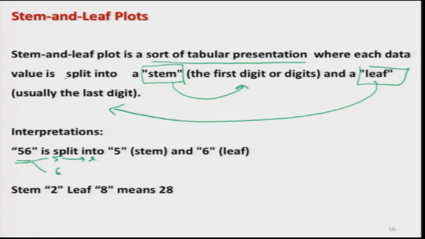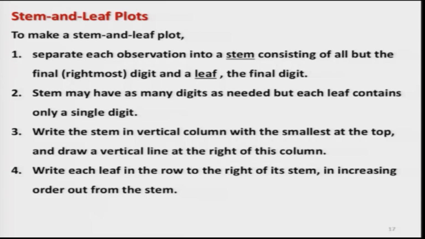This 5 is called the stem and this 6 is called the leaf. Similarly, if I say I have a number whose stem is 2 and leaf is 8, this means the number is 28. This is how we represent the interpretation of stem and leaf.